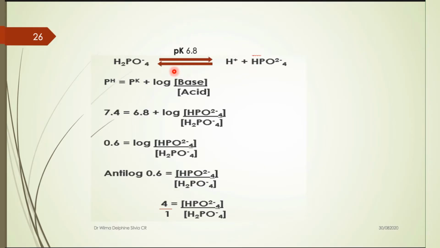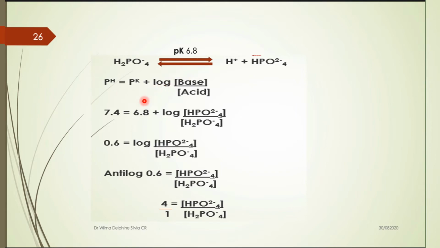Whenever a strong base is added to the phosphate buffer system, the acid component, that is the dihydrogen phosphate, buffers the strong base, and when strong acid is added, the monohydrogen phosphate, the component of the phosphate buffer system, buffers the strong acid.